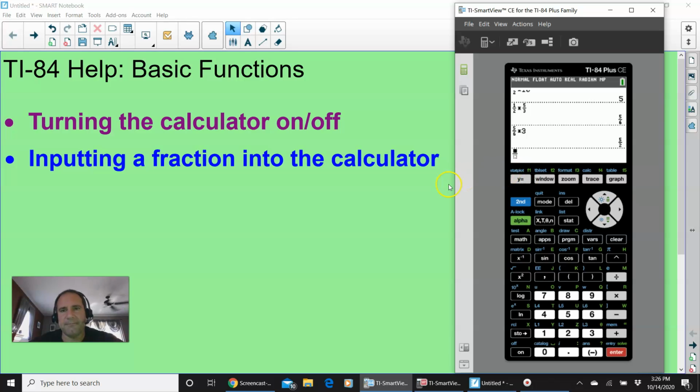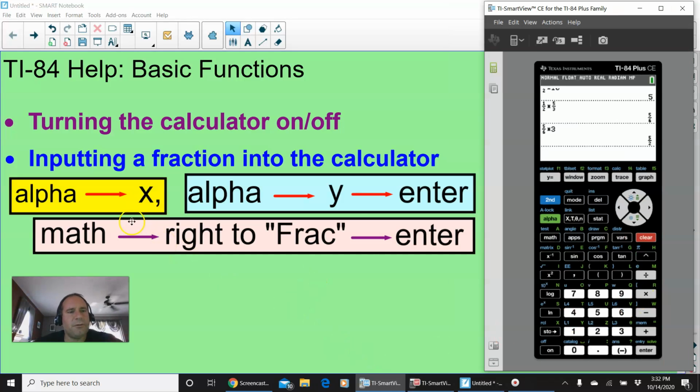So just to go over the three ways to review, alpha X is right here, and when you press it, the numerator and denominator are ready for you to input. Alpha Y, then that secret pop-up menu appears, and you have that 1, and you just press enter, and that numerator and denominator pops up.